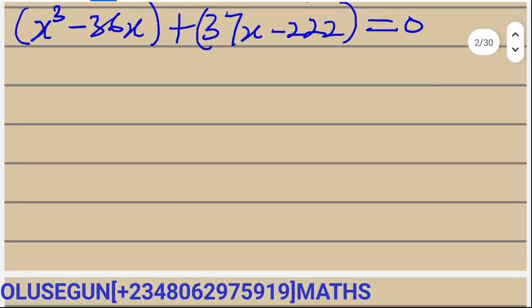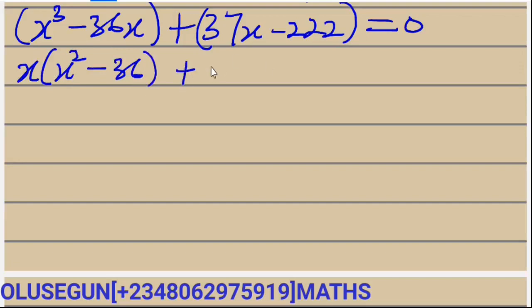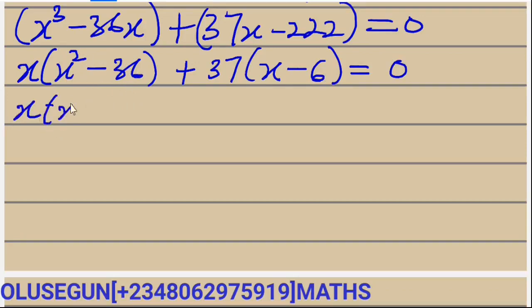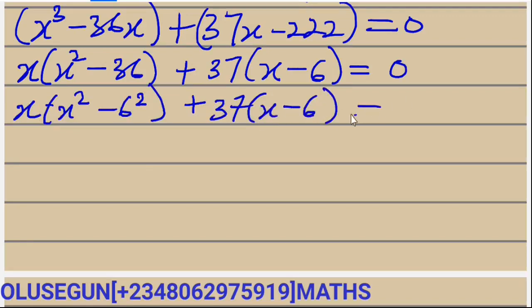As we are grouping this, let's find what can go out of both sides. x is common here, remaining x squared minus 36, plus 37 is common, remaining x minus 6, is equal to 0. Now you can turn this one to the difference of two squares, which gives x onto x squared minus 6 squared plus 37 onto x minus 6 is equal to 0.